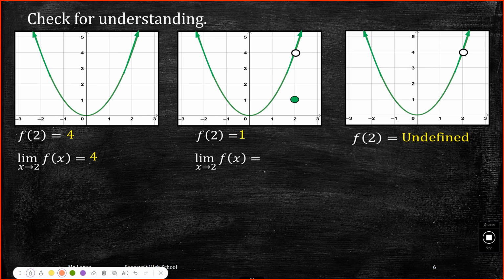What's the limit as x approaches 2 of the function for the middle graph? Becky. Loud. 4 is correct. Brian, finish it off.